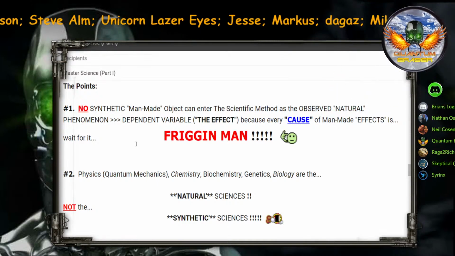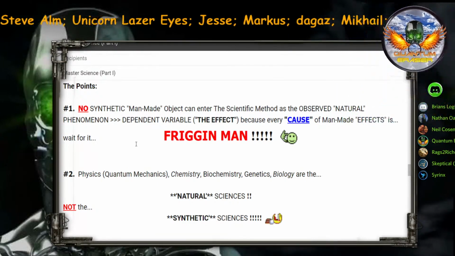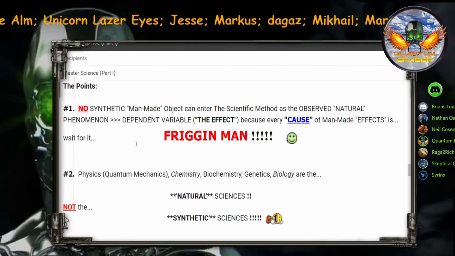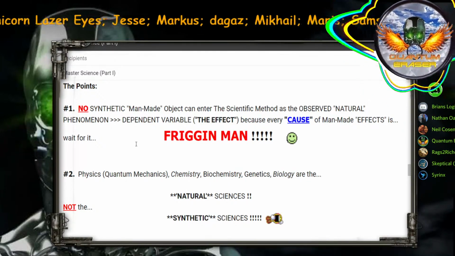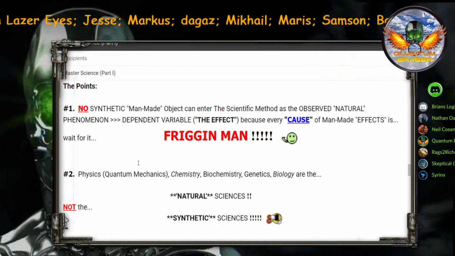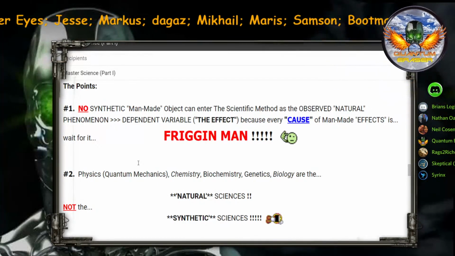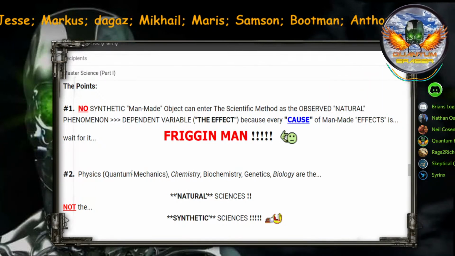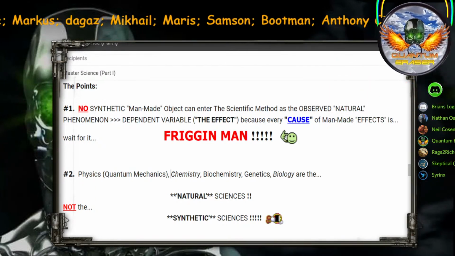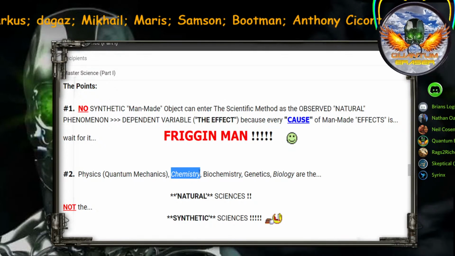Number 2, quantum mechanics, that is physics, chemistry, biochemistry, genetics, biology are the natural sciences, not the synthetic sciences. There's a caveat here, okay? And I italicized a couple issues. And I made a mention of it before.